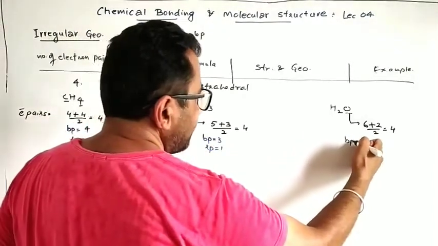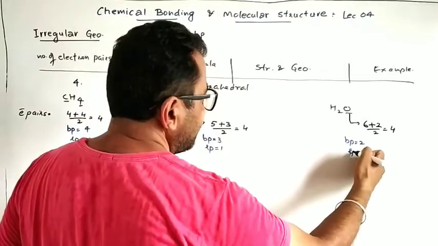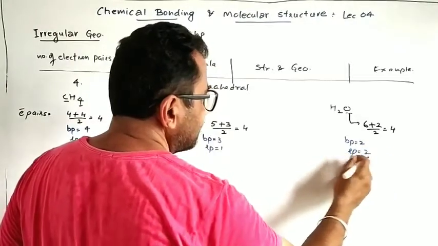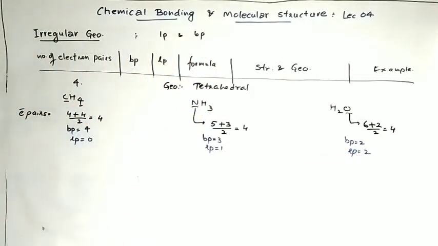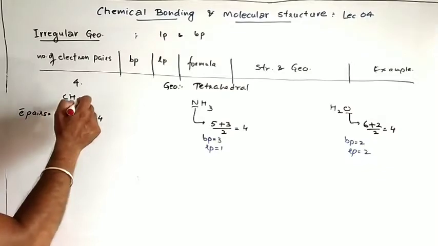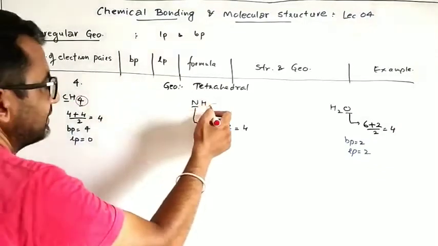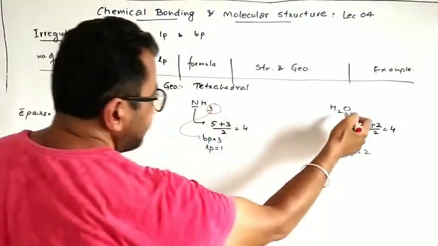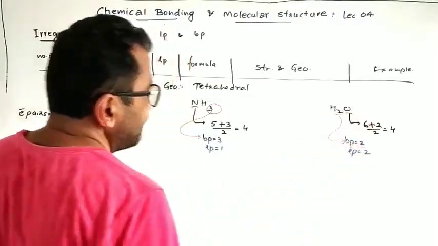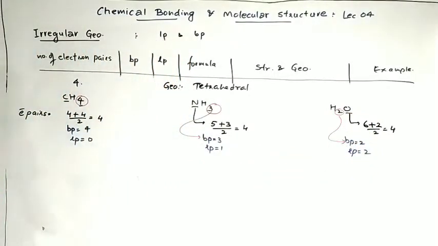Here the bond pairs 2, lone pair is 2. Sum of bond pair and lone pair equals total electron pair. Where will we find the bond pairs? As many atoms as are attached to it, that is equal to bond pair, you can see here. And lone pair is total electron pair minus bond pair, that will give you lone pair.